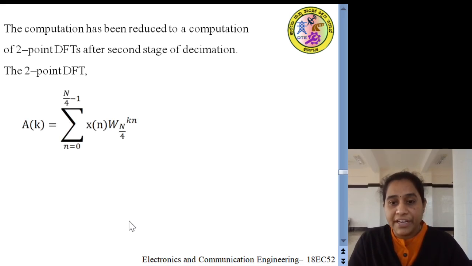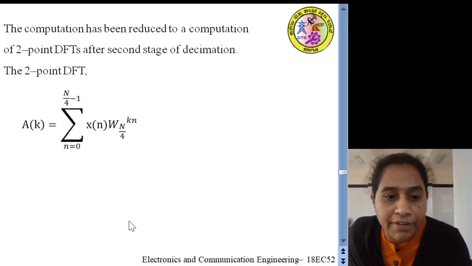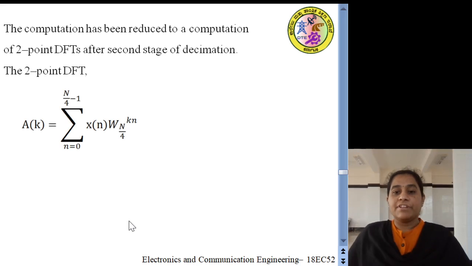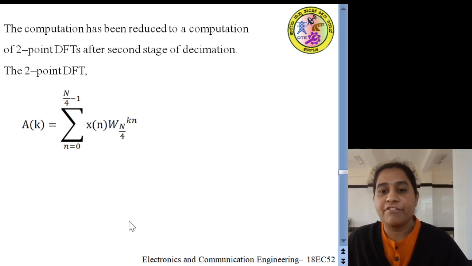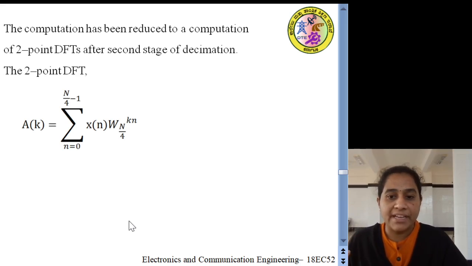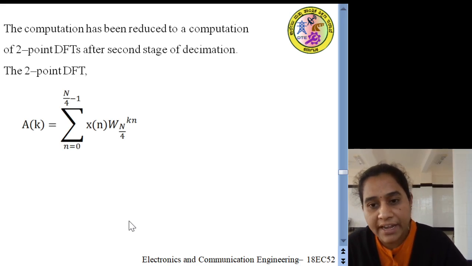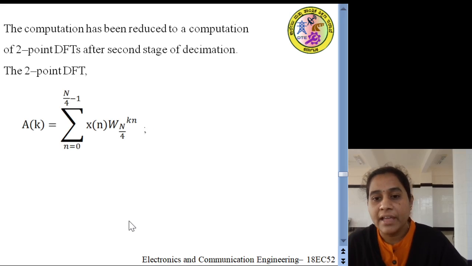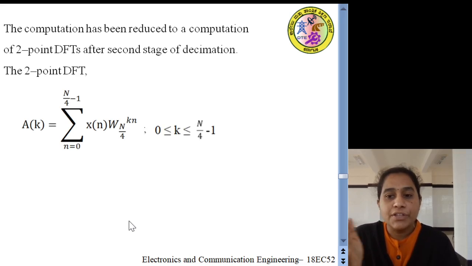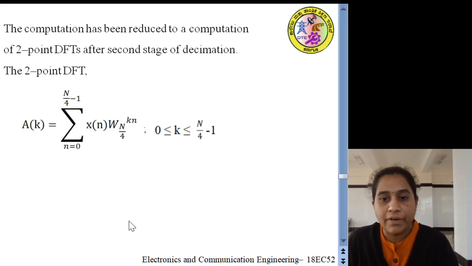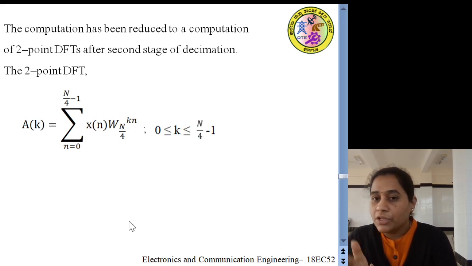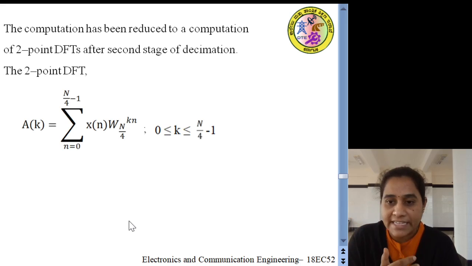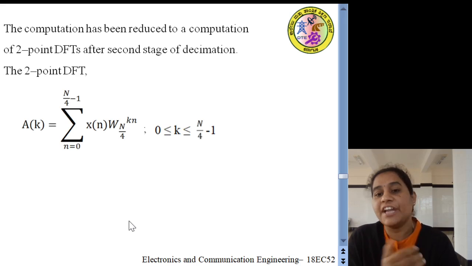So the 2-point DFT that we got here is A of k, which is given by the summation, n varying from 0 to n by 4 minus 1, of x of n into W n by 4 raised to the power kn. Here k varies from 0 to n by 4 minus 1. So our A of k represents an n by 4 point DFT. If we consider the value of n as 8, obviously our A of k represents a 2-point DFT.